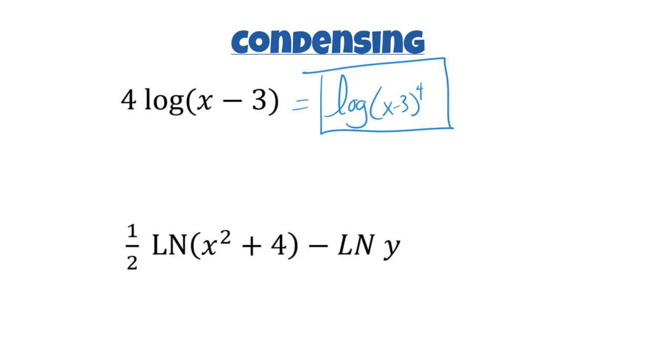Okay, next one has a little bit more going on. This 1/2 is going to have to come up as an exponent. It's going to be a square root. This minus is going to turn into division. So I think what I have here is natural log of a big division problem. I'm going to have this square root of all of this, and then I'm going to have a y in the denominator.